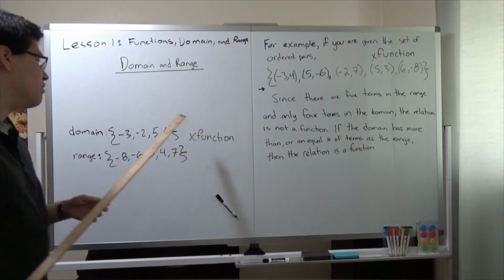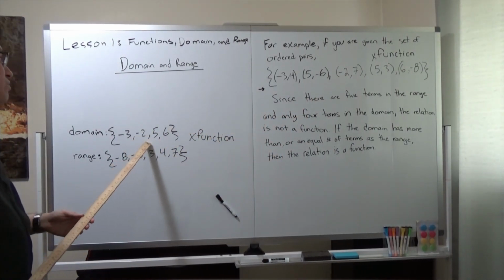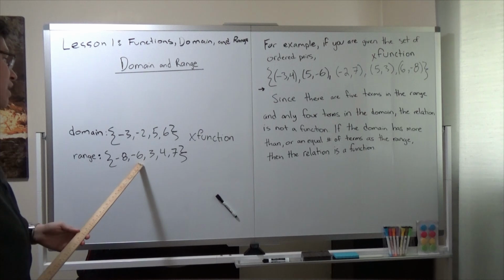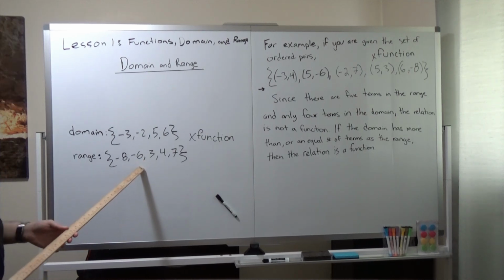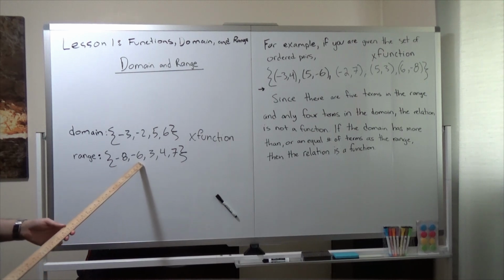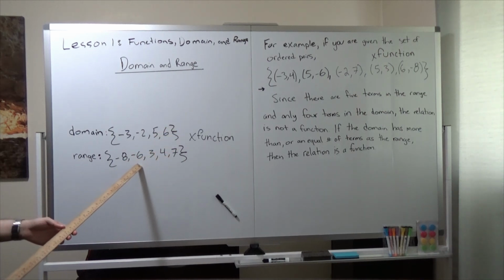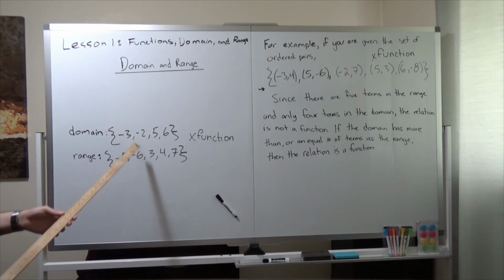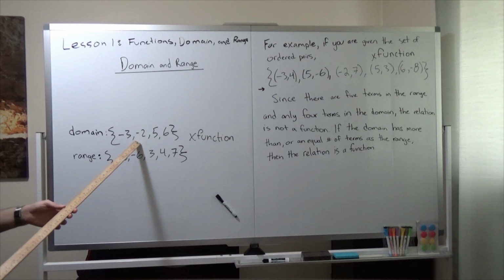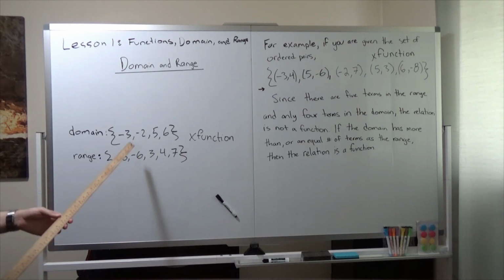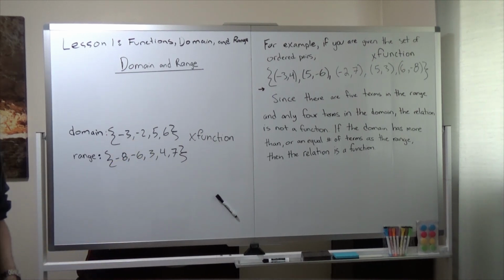And you would have 5 and negative 2 in the domain, but you would only have negative 6 in the range 1 time, because you only list each number 1 time in the domain and in the range. So therefore the range would have 1 less number than the domain. The domain would have 1 more number, and this would be a function.